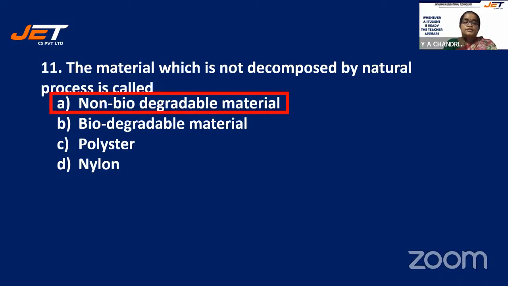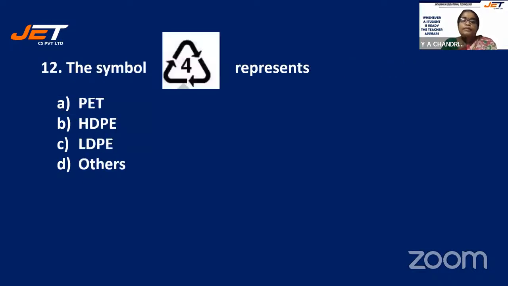Let us see. It is non-biodegradable material. If it is decomposed by natural process, then it is a biodegradable material. Since our question is a material which is not decomposed by natural process, it is called non-biodegradable material.